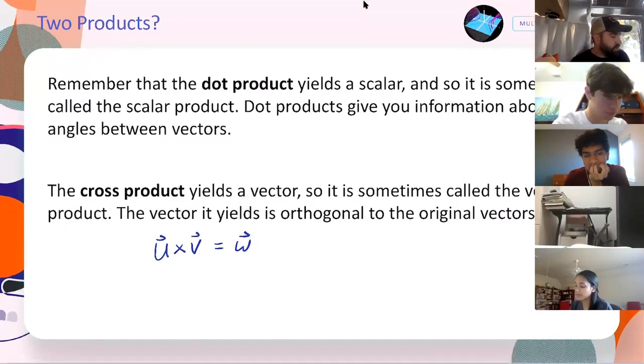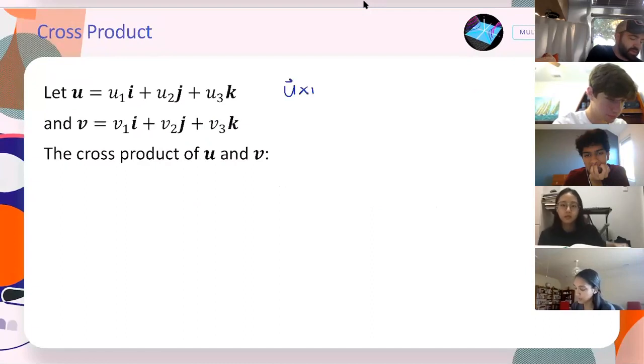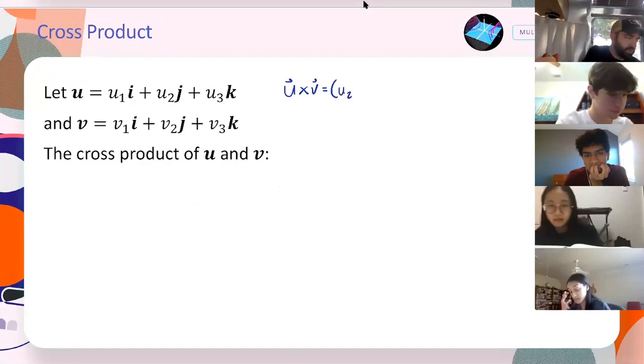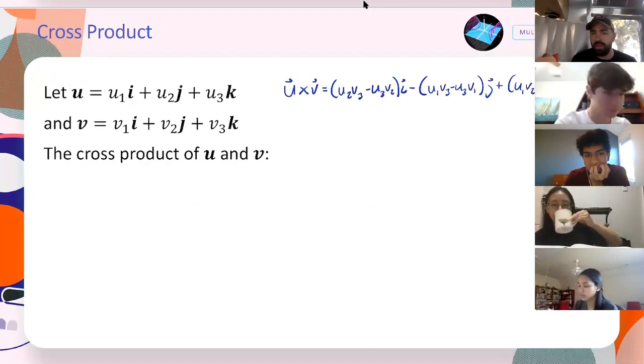Okay, and so with the cross product, we get what looks really complex and like something you wouldn't want to have to memorize. Say that these are U and V and we want to take the cross product. What we're going to get is U2 V3 minus U3 V2 times I, and then minus U1 V3 minus U3 V1 times J, and then plus U1 V2 minus U2 V1 times K. That would be the cross product.